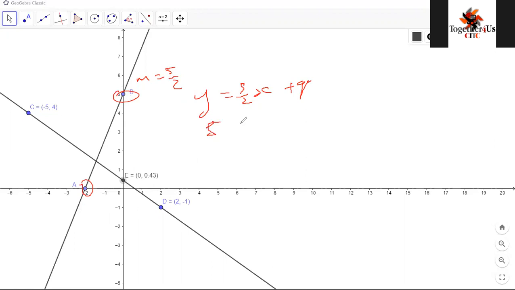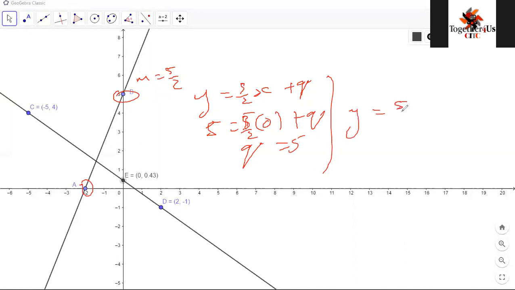B, I know, is 5, so I've got 5 over 2 times 0 plus q. So I can see q is equal to 5. In fact, for this one, even if you did not calculate q and you just took it from the fact that we've got a y-intercept and q is the y-intercept, that was still perfect. Then there we are, done.